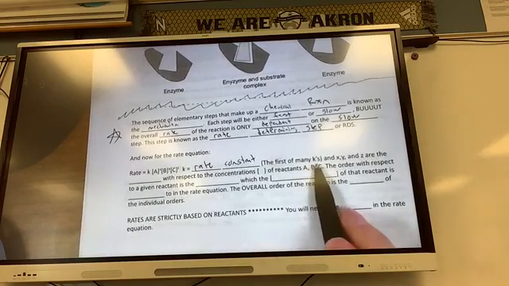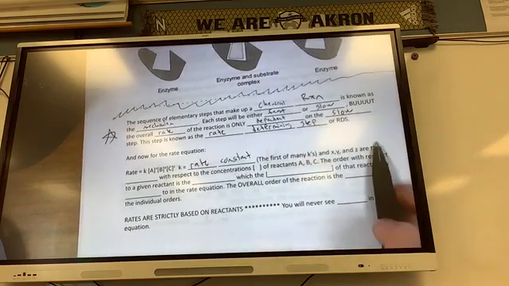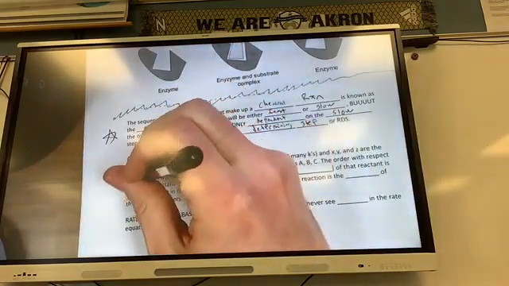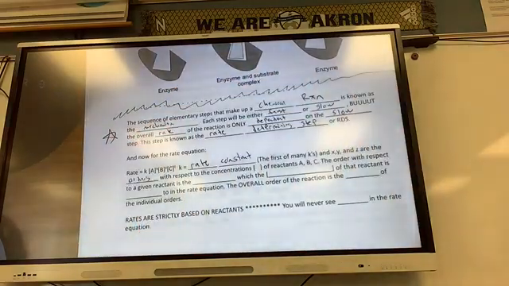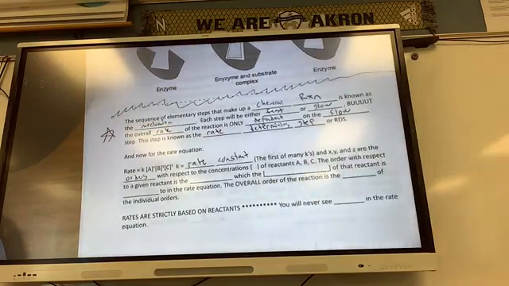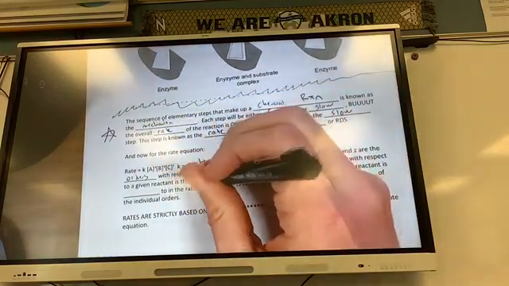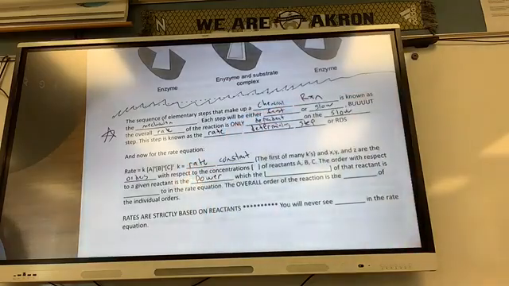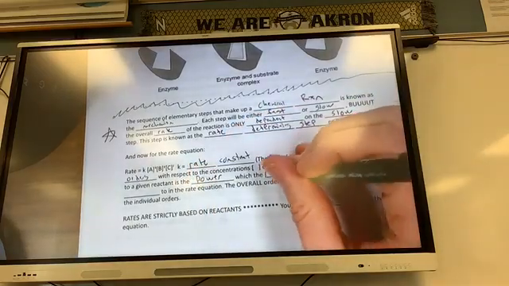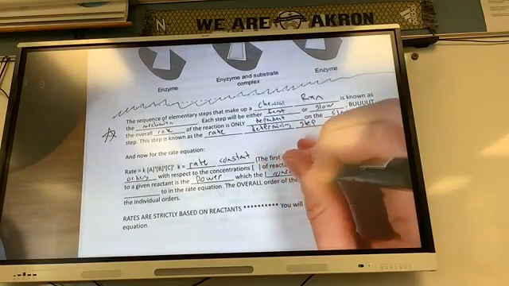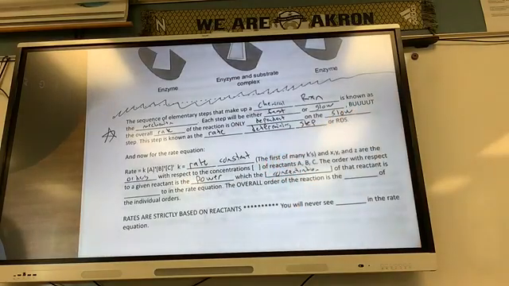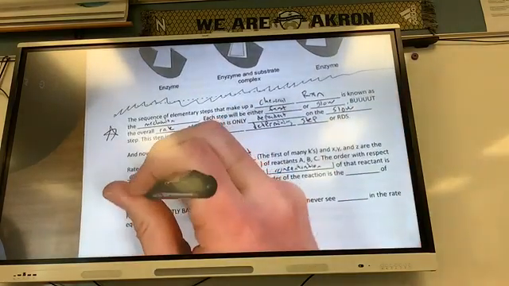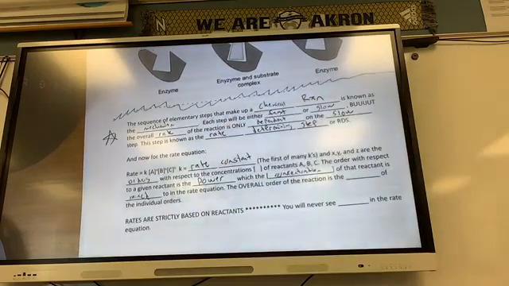Here we go. x, y, and z are the orders with respect to the concentrations of the reactants A, B, and C. The order with respect to a given reactant is the power which the concentration of that reactant is raised to in the rate equation.